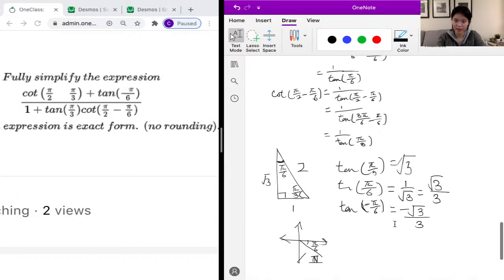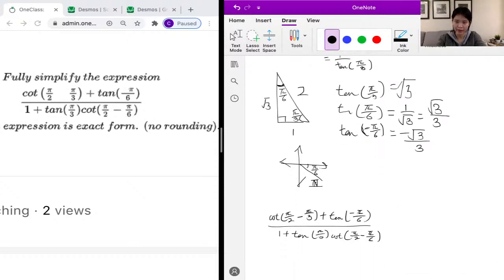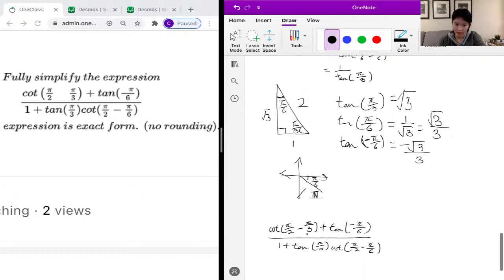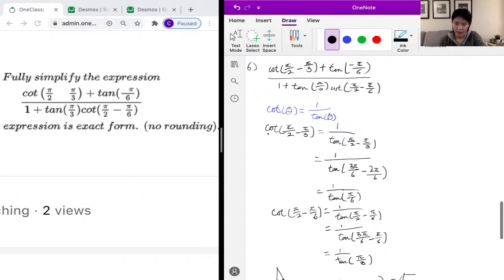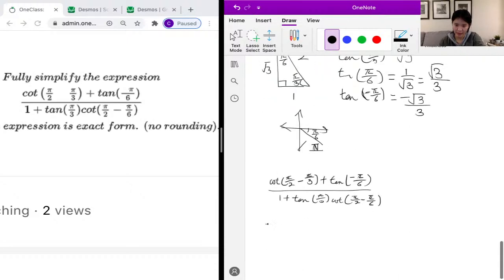And we know from above that the cotangent of pi over 2 minus pi over 3 is equal to 1 over the tangent of pi over 6. So this is 1 over the tangent of pi over 6 plus the tangent of negative pi over 6.